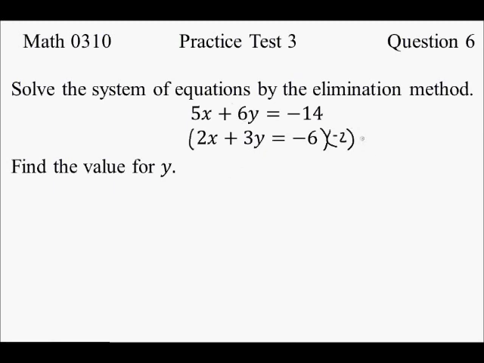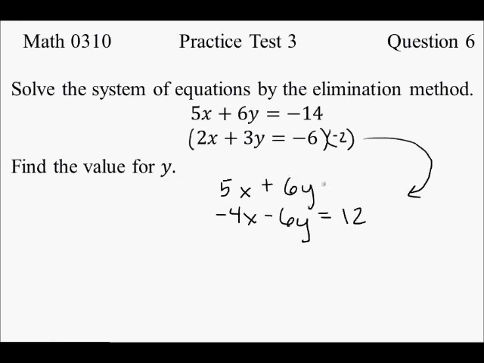So our bottom equation is going to become negative 2 times 2x, so we get negative 4x, negative 2 times 3y, minus 6y, equals negative 2 times negative 6 is positive 12. And let's just copy down our first equation, so 5x plus 6y equals negative 14.